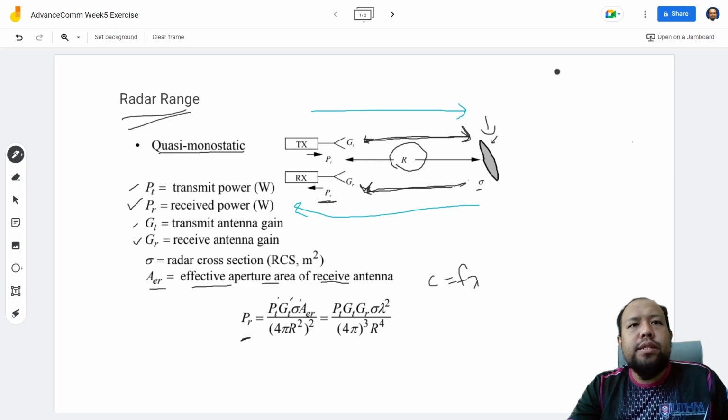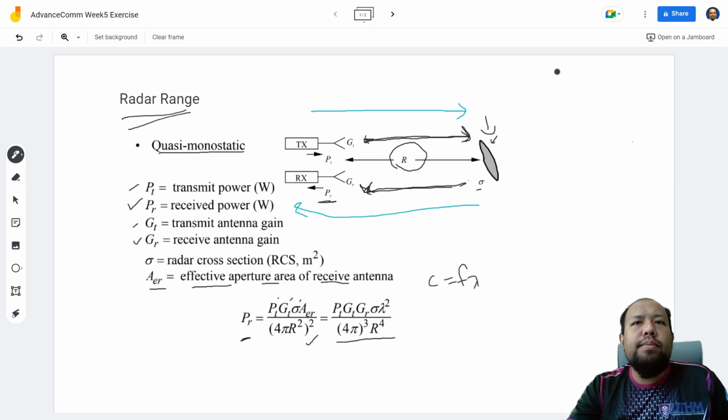This is the surface area of a sphere, powered by 2, and then we can rearrange this equation. If you notice, it introduces lambda.